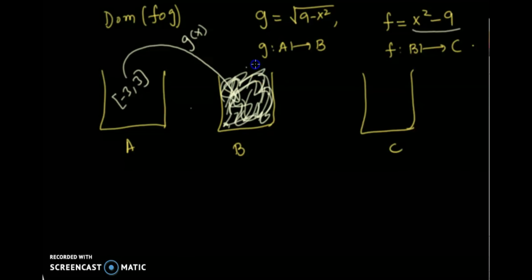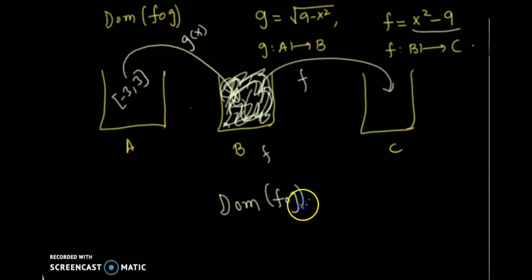Because this whole set is filled with the domain of f, any element that is coming from here will automatically be in the domain of f. So in that case you can say that every element here is going to be in the domain of f of g. So the domain of f of g is equal to minus 3 to 3.